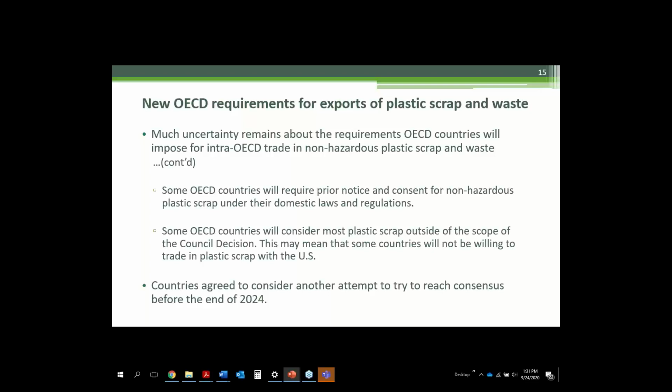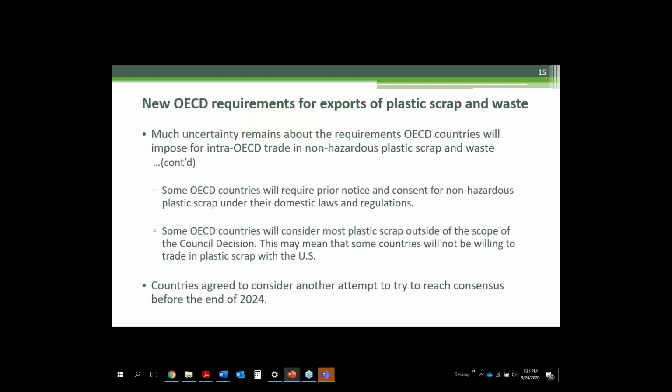Some of the countries are going to apply prior notice and consent for non-hazardous plastic scrap. We've got some other countries who are saying that plastic scrap, because we could not reach agreement in the OECD on an OECD-wide approach, is just outside the scope of the Council decision. It doesn't cover it. And if it doesn't cover it, then Basel Convention covers it.